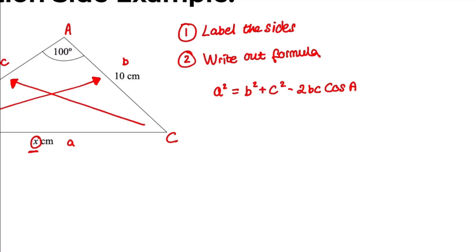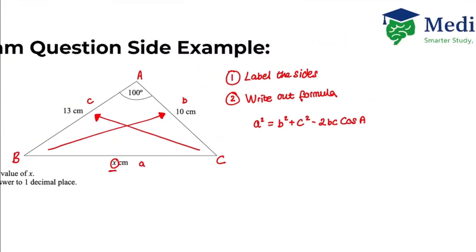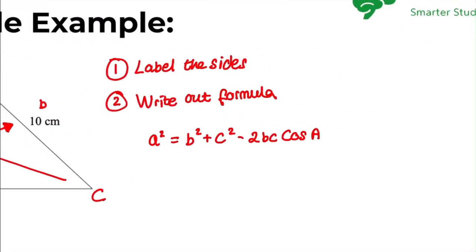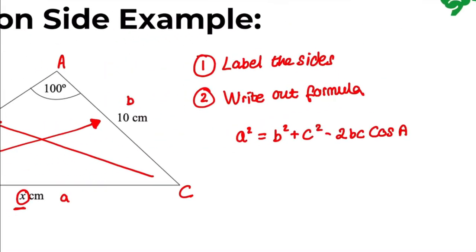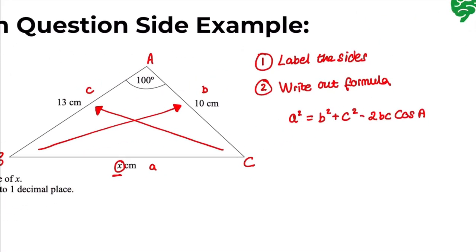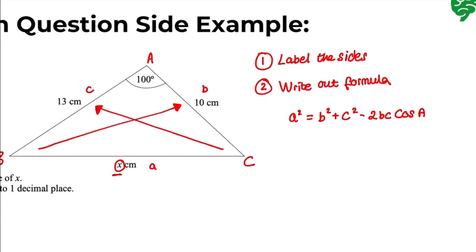As you can see from this shape, we have A's, B's and C's, so all we're going to do is substitute the numbers into the formula. For those sitting GCSE papers this year, this is on the formula sheet, so don't worry about memorizing it. It's good to memorize so you don't have to look at your formula sheet, but it's on the formula sheet for information.